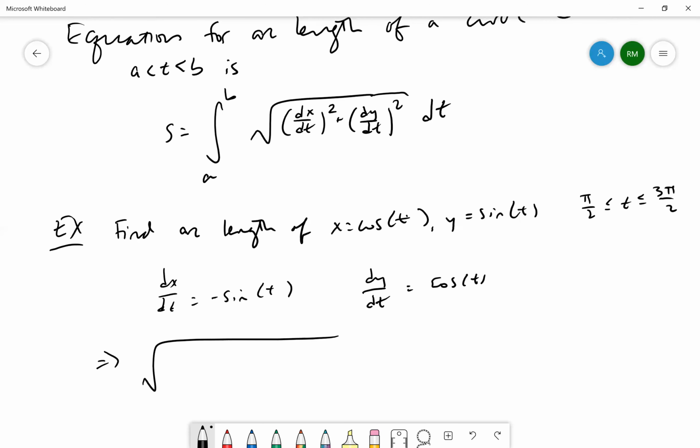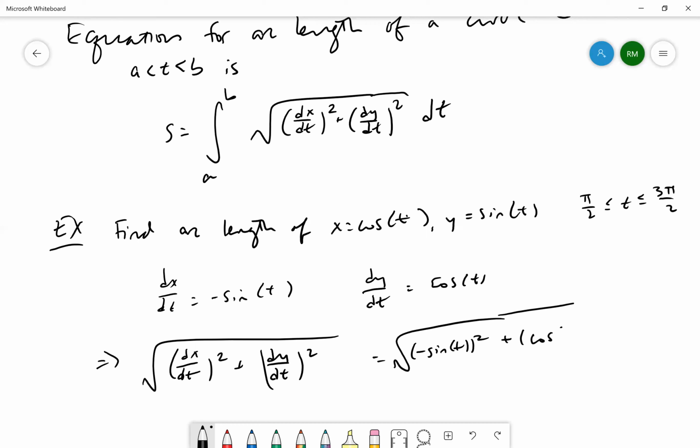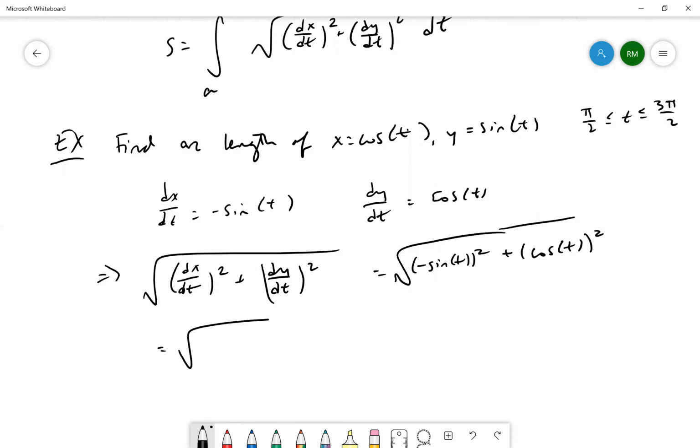So this tells us that the square root of (dx/dt) squared plus (dy/dt) squared is going to be an expression that you're going to like, because it's the Pythagorean identity.